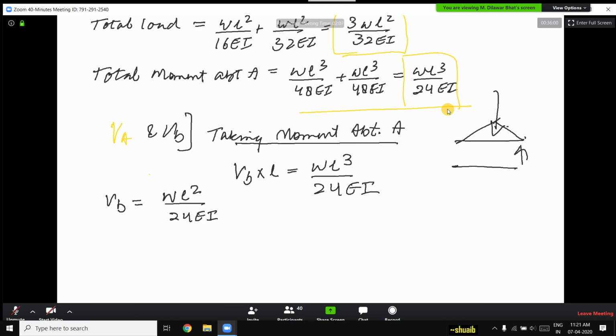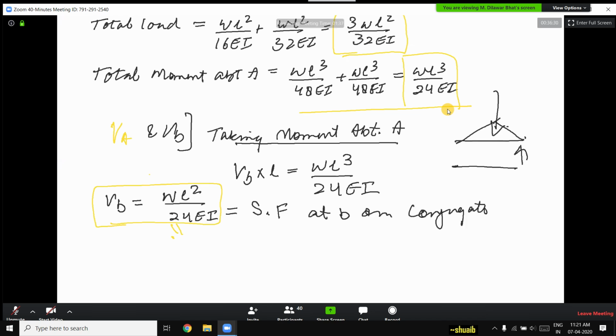Okay, now what is this VB? VB is simple. It is the shear force at B on the conjugate beam.